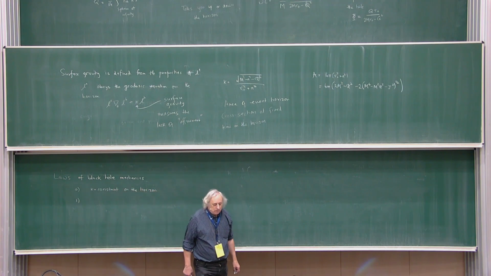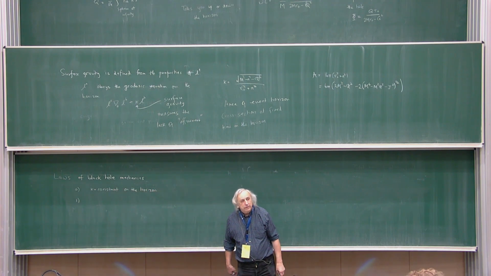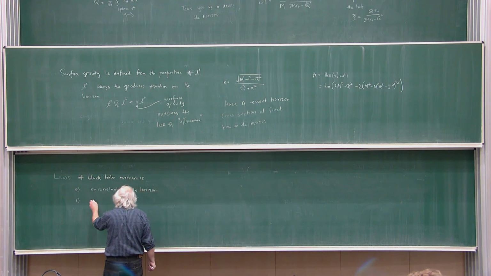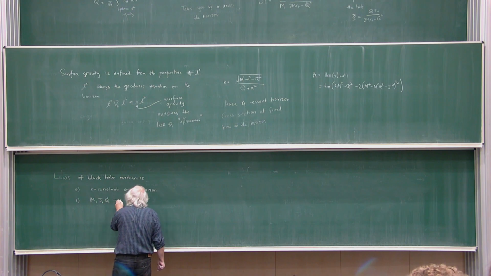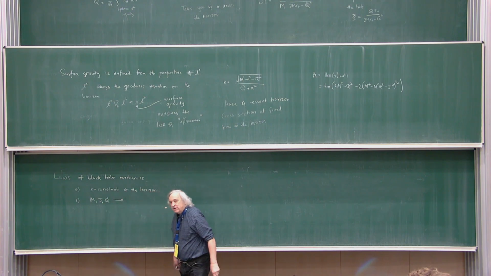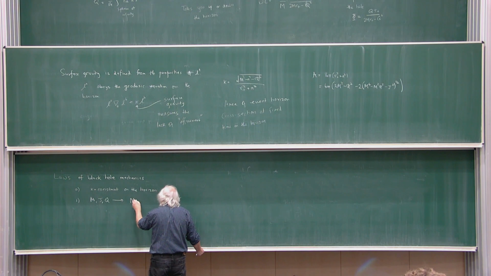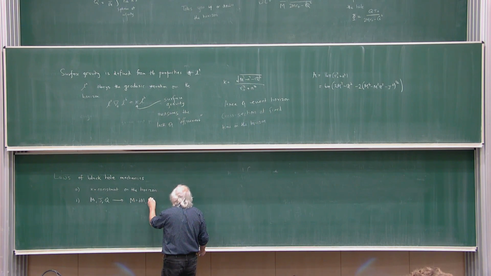1. Suppose that I have a black hole in equilibrium with its surroundings with mass m, j, and q as its parameters. And I perform an infinitesimal transformation on the black hole so that m goes to m plus dm, j goes to j plus dj.